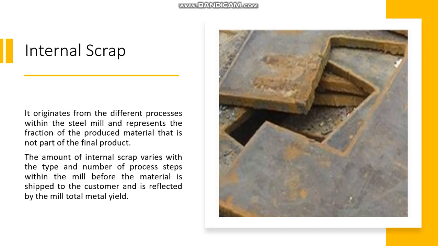In most operations, a small percentage of the treated steel is lost as internal scrap due to safety margins, removal of low quality sections, and mishandling. The amount of internal scrap varies with the type and number of process steps within the mill before the material is shipped to the customer and is reflected by the mill total metal yield.